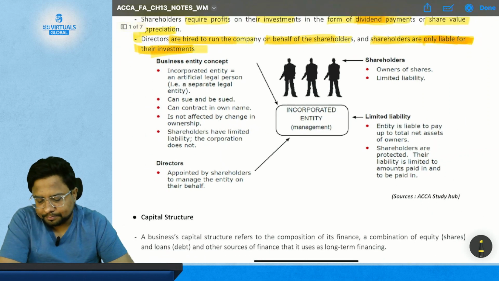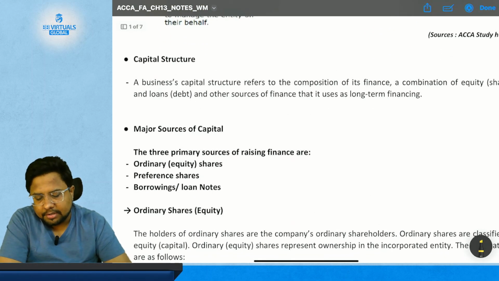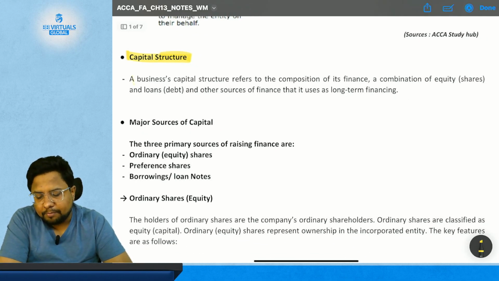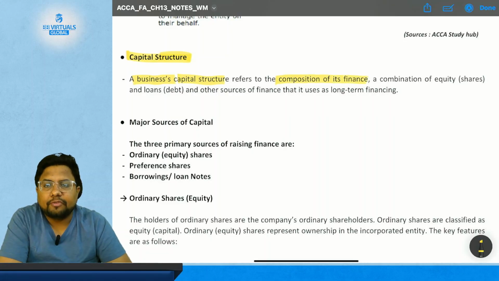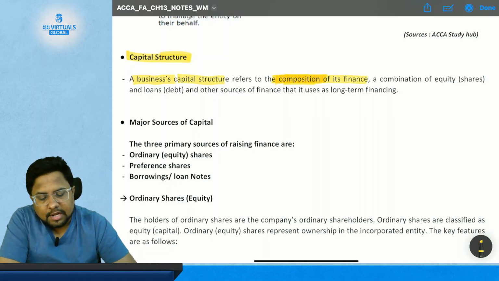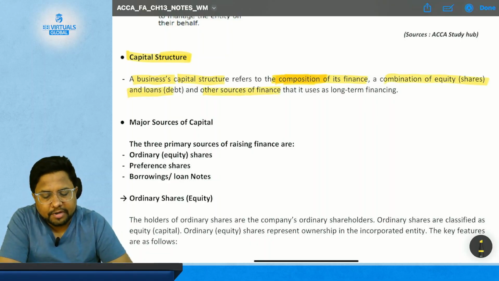Now comes the next topic, which is the capital structure. So what is capital structure? A business's capital structure refers to the composition of its finance. Composition means a combination of equity shares, loans and other sources of finance used as long term financing.